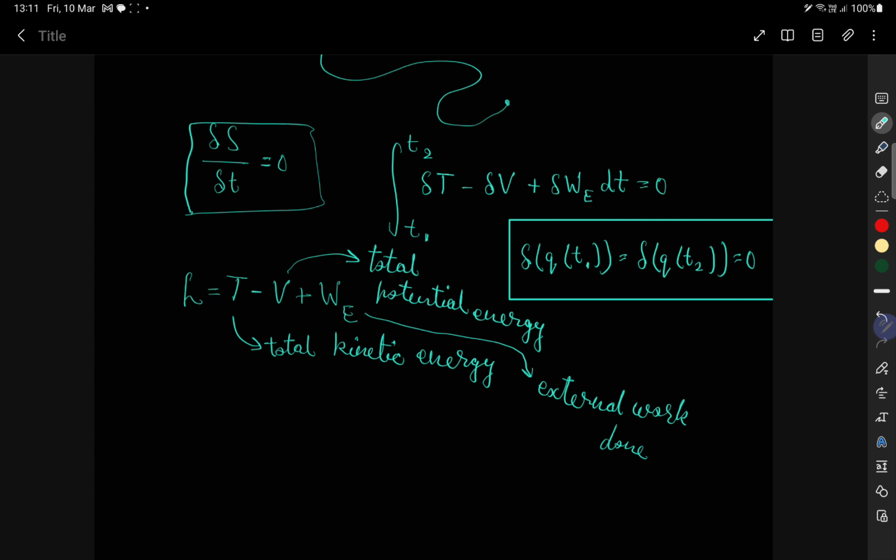So by minimizing the action, you're saying basically that the potential energy has to be maximized and the kinetic energy has to be minimized, and so has to be the work done minimized. But external work done can depend on several factors, so I won't go much into detail because of that.